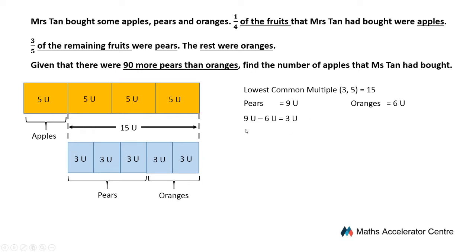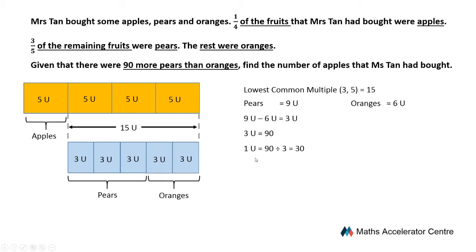And this 3 units is represented by 90. Next, we're going to find the value of 1 unit. We simply take 90 divided by 3 and we'll get 30. So we have all the information here to solve this question.